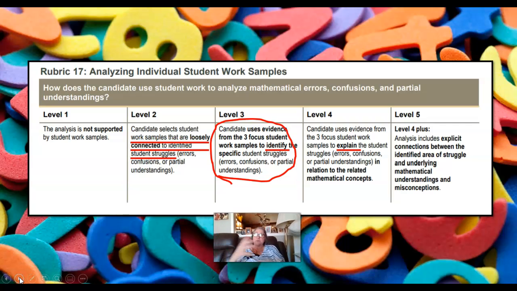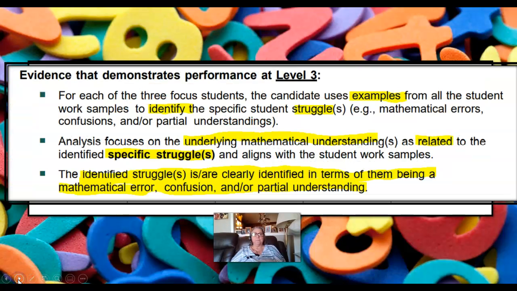Don't just say this is where they did that, as you can see by looking at the work sample, and talk about what the student wrote and talk about how it's an error or a confusion, partial understanding. And then, of course, going into more explicit connections and making connections with mathematical understandings and misconceptions can help you score even better.